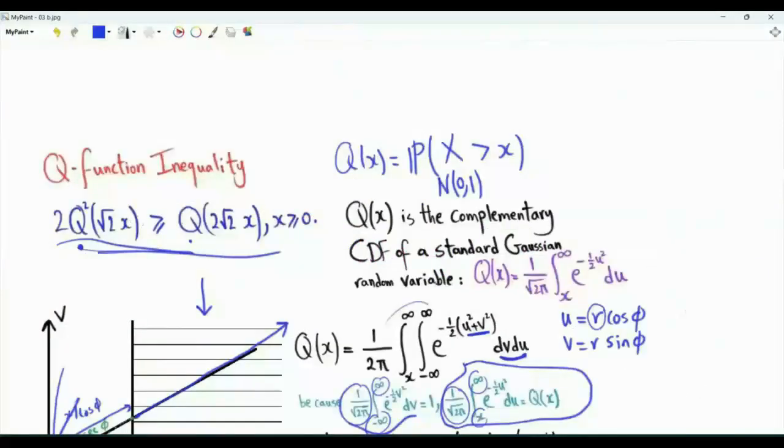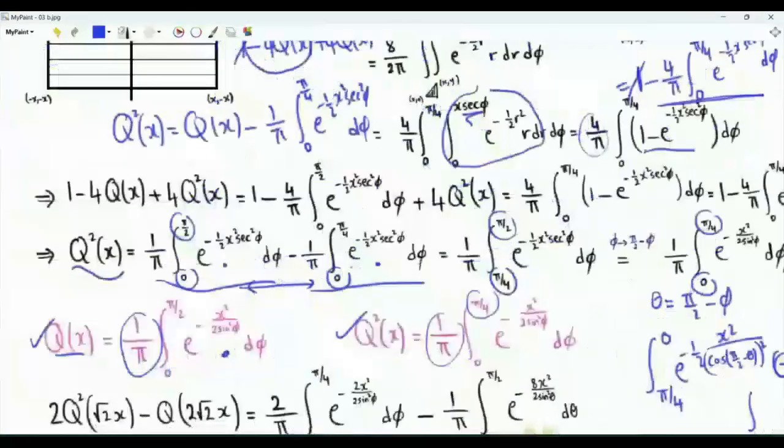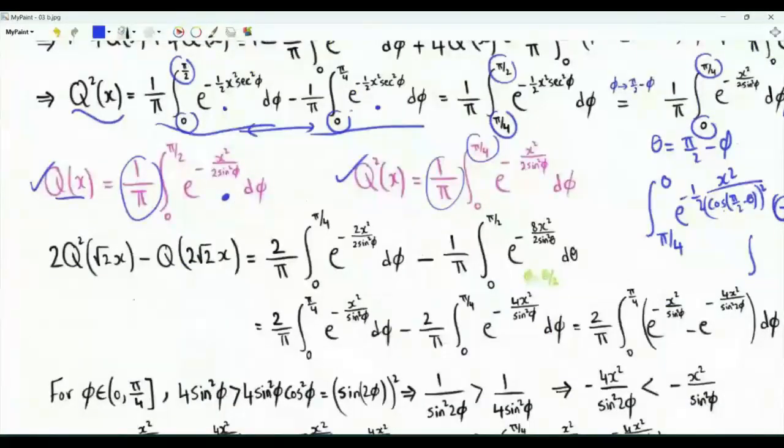Let's take the difference between the two sides of the desired inequality and represent q and q squared using those integrals. Q of square root 8 times x is this integral here, and x squared is replaced by 8x squared. This becomes 2 over pi, and then the integral from 0 to pi over 4, e to the minus 2x squared over 2 sine phi squared.